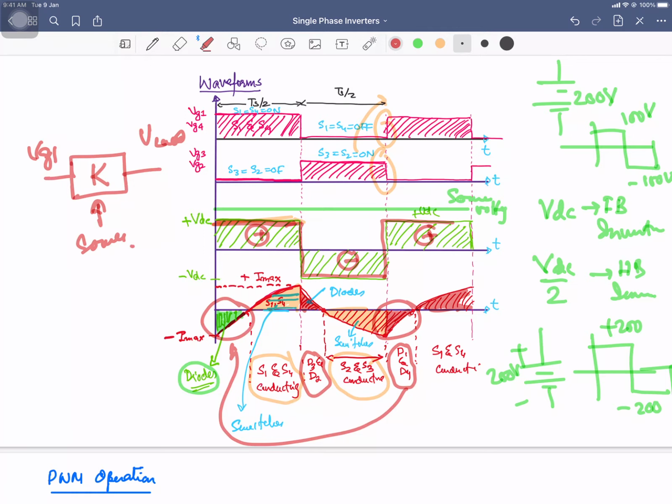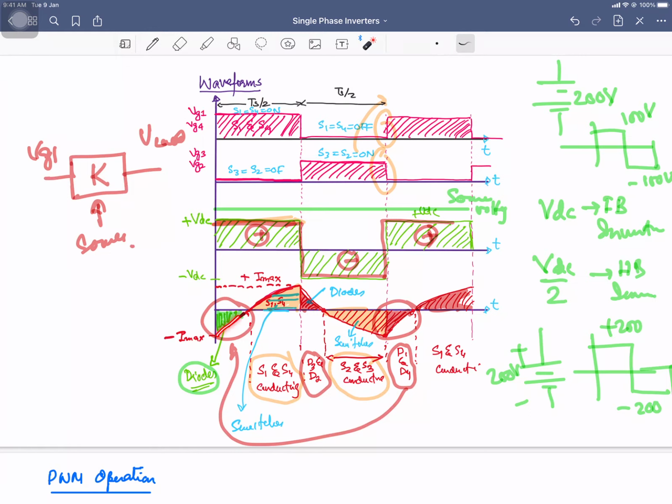So your load voltage is bidirectional. You can say the waveform is bipolar. You have the positive as well as the negative portion at the load, but the source was continuously positive. So it is DC and you have converted it into AC, alternating current, alternating voltage.